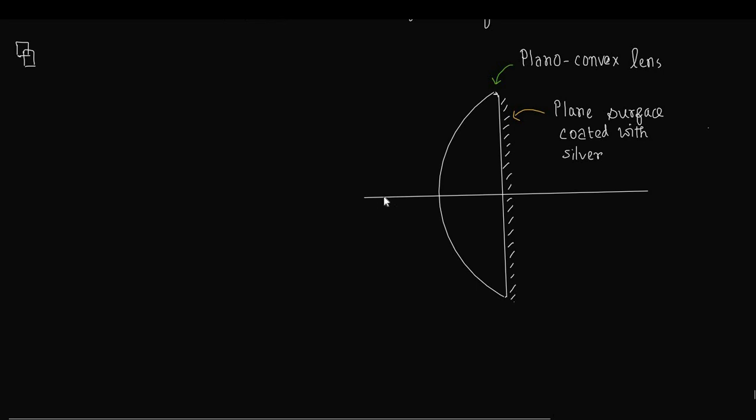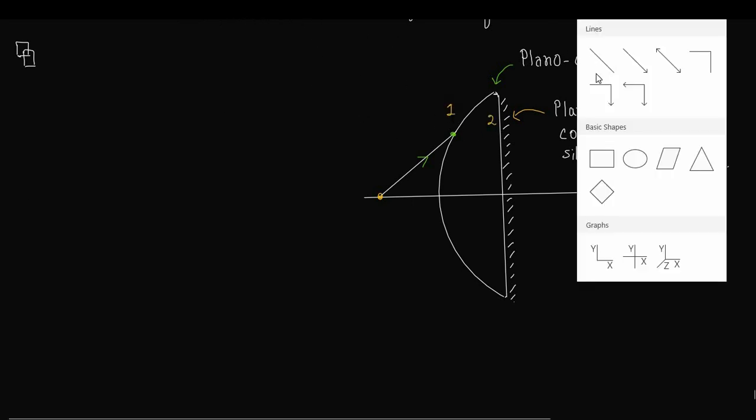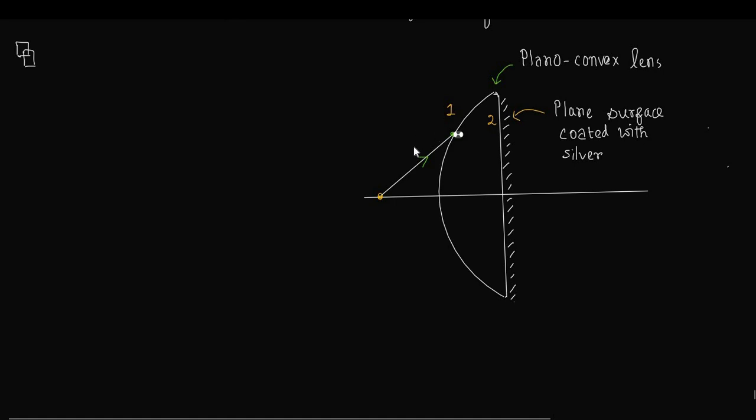We can denote an object point, and from this object point a ray travels towards the plano-convex lens and is incident on the first refracting surface. The incident ray is refracted at the first convex refracting surface, and the refracted ray travels along this direction inside the lens.